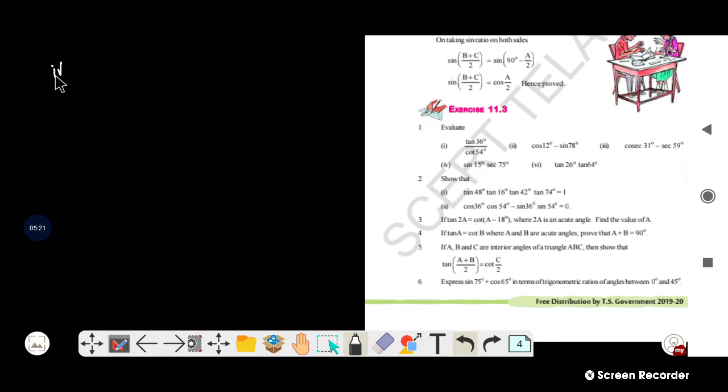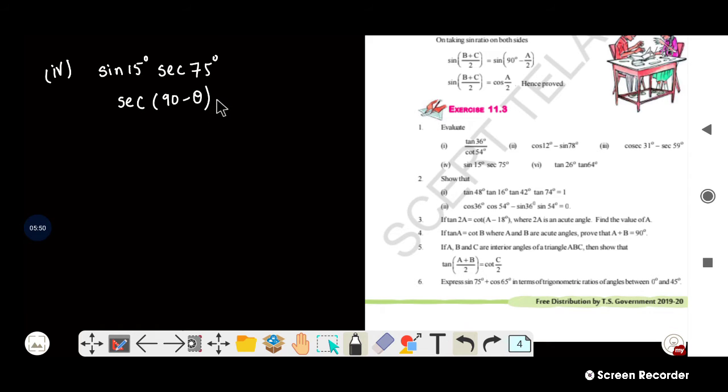So fourth question now. In that fourth question, sine 15 sec 75 degrees. Okay. So now here I want to write sec. Already we wrote the sec value. Sec, again I write sec 90 minus theta.